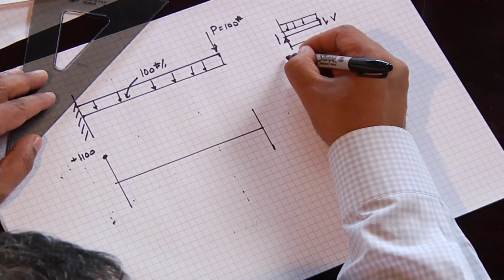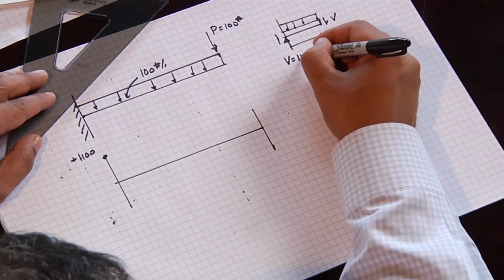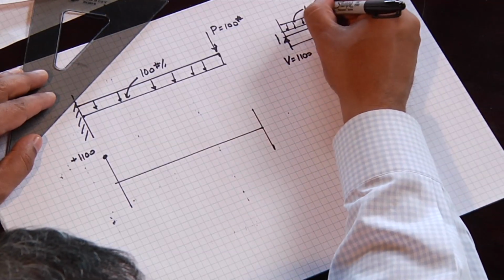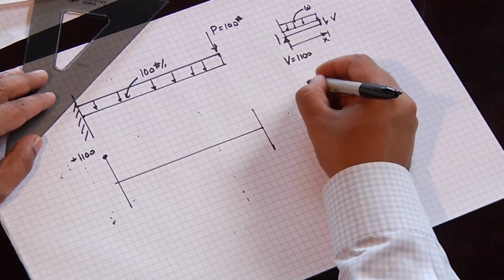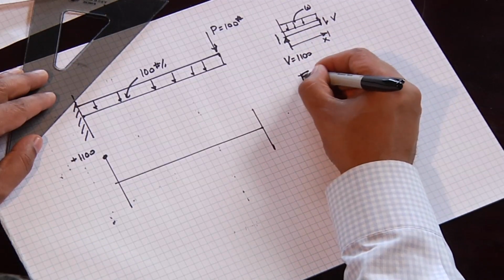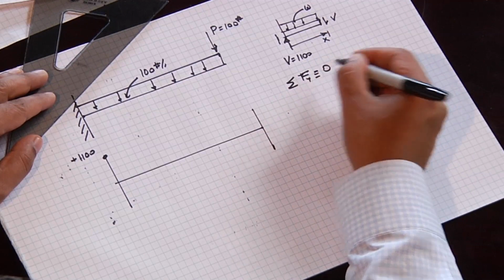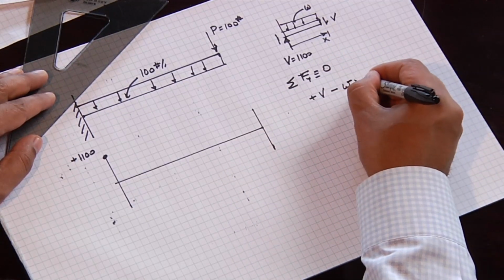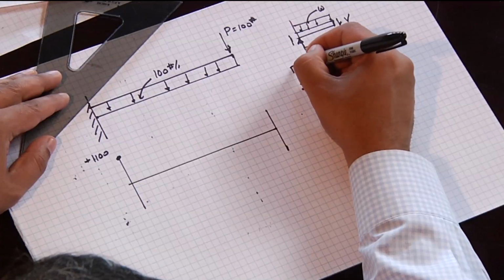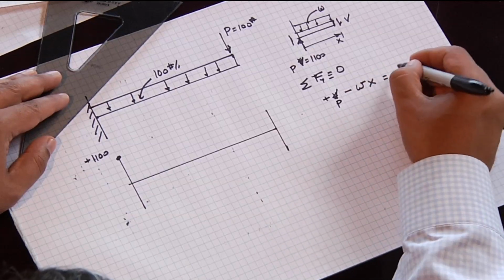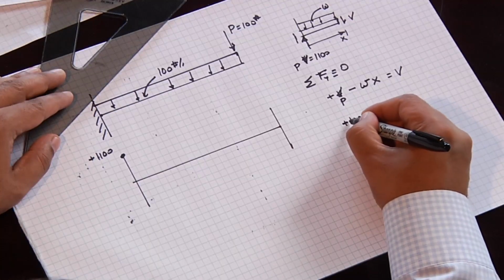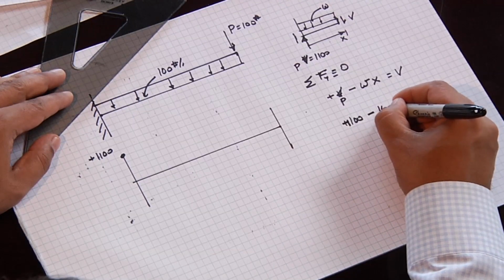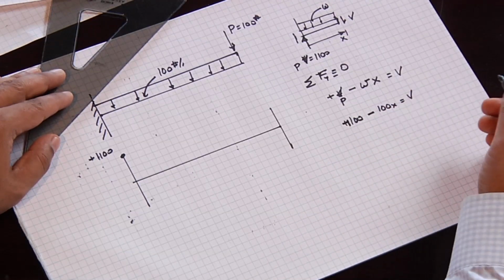So this end reaction V is equal to 1100, and this is W. So the equation, which again, sum of the forces in the y direction equal to 0, we have plus P minus Wx equals V. So we have plus 1100 minus 100x equals our shear.